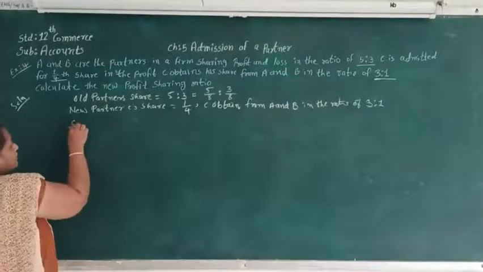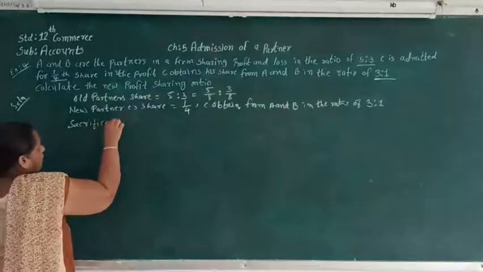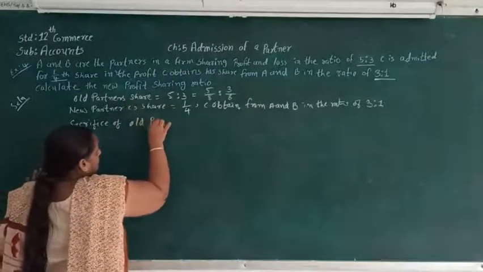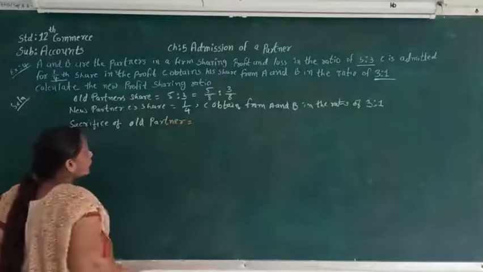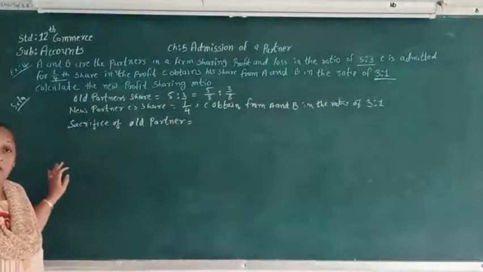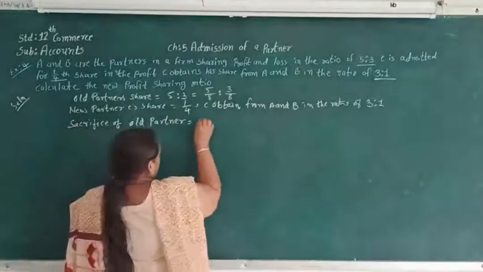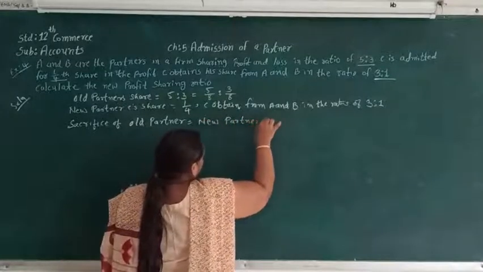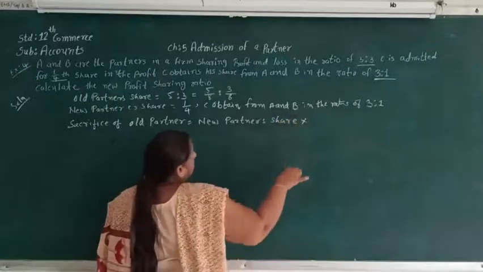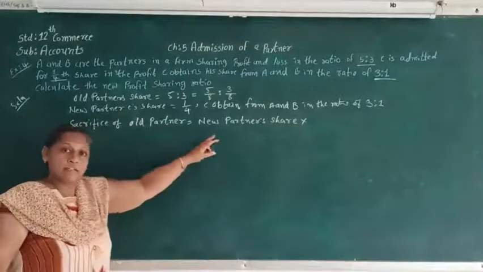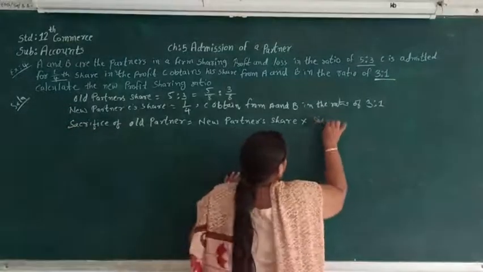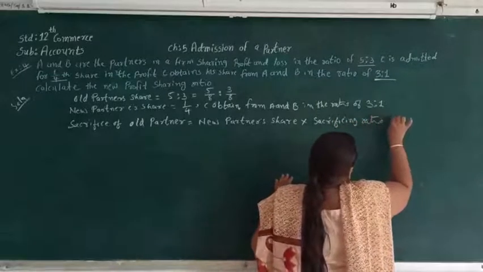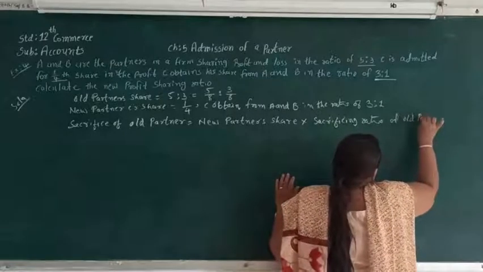So the formula to find out the sacrifice of the old partner is equal to the new partner's share multiplied by the old partner's sacrificing ratio.